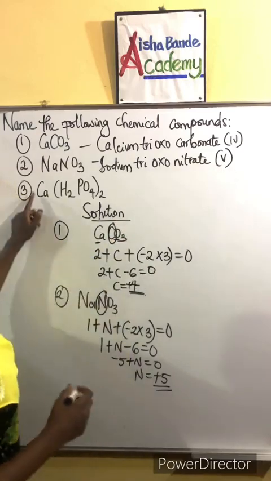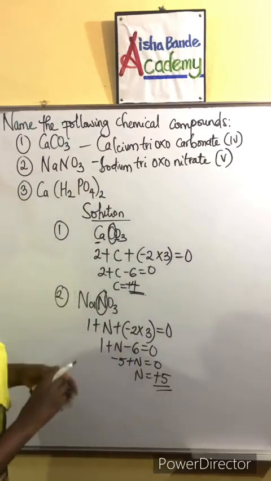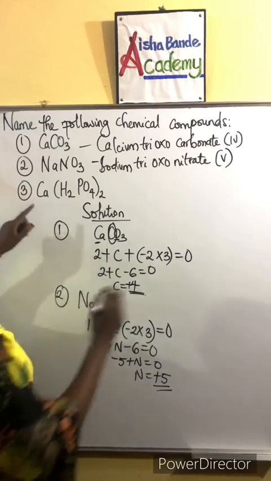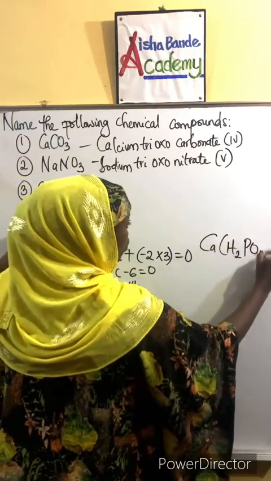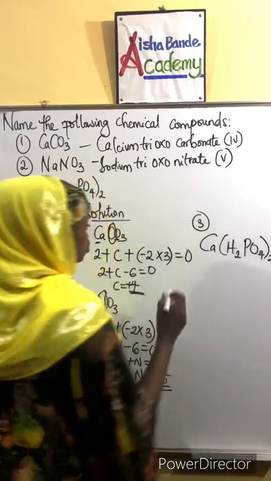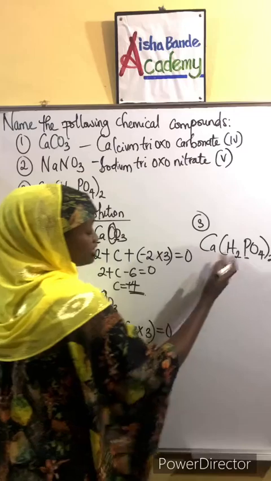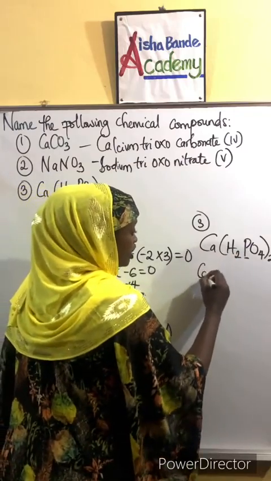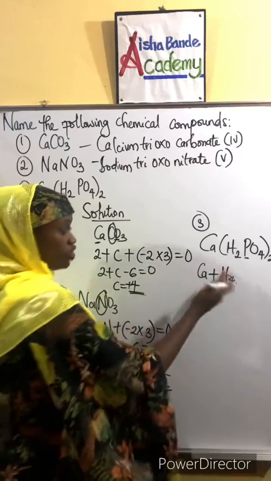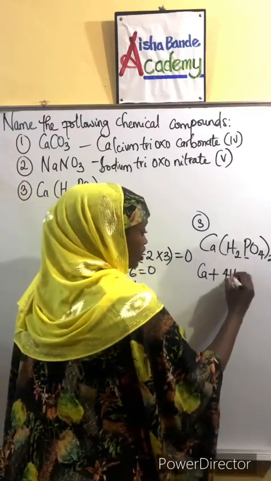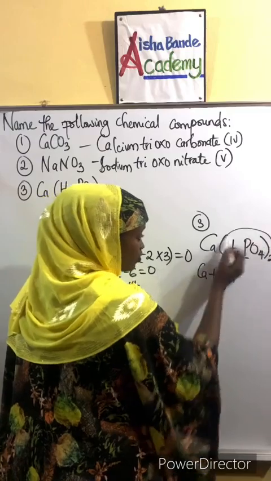All right, so let's move on to the last one, which is Ca(H2PO4)2, right? The oxidation number we have to find in this compound is that of P, which means phosphorus. Here we have calcium plus hydrogen, which is going to be 4H, because hydrogen here is 2, and the 2 outside the bracket affects everything we have in the bracket.